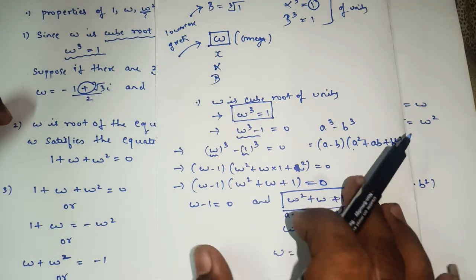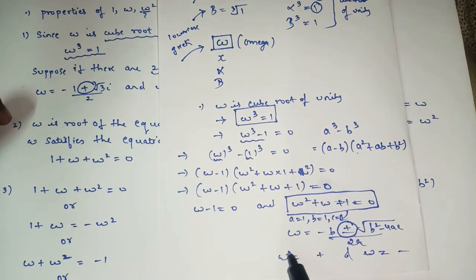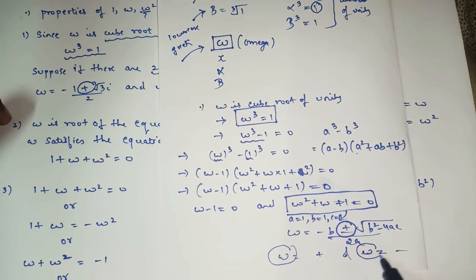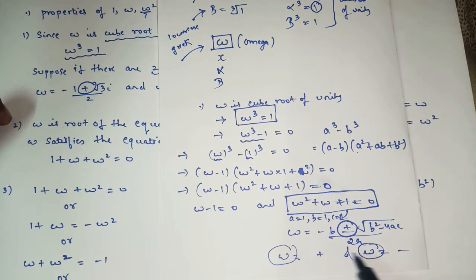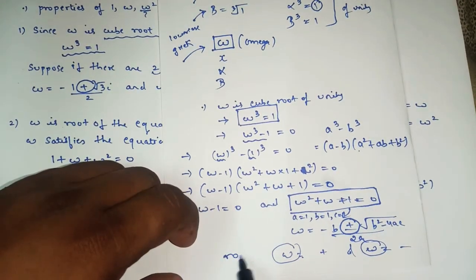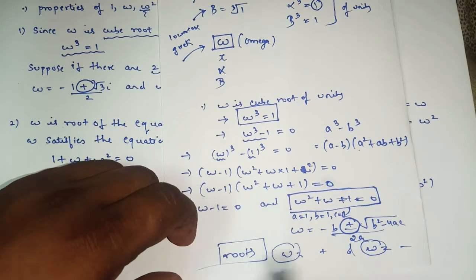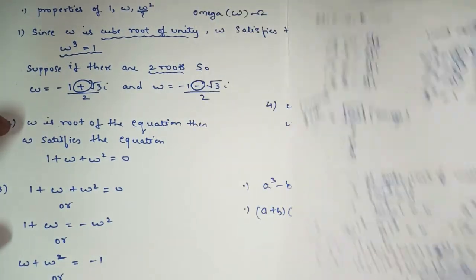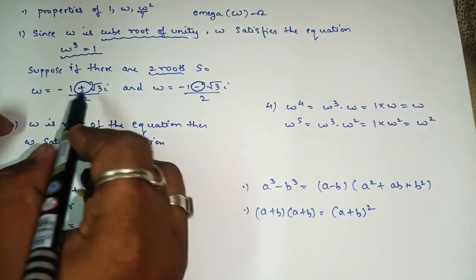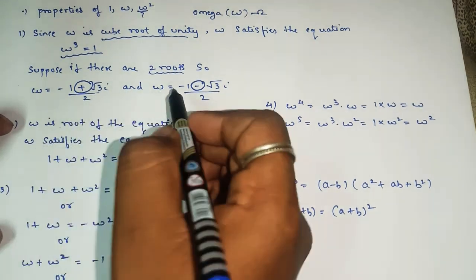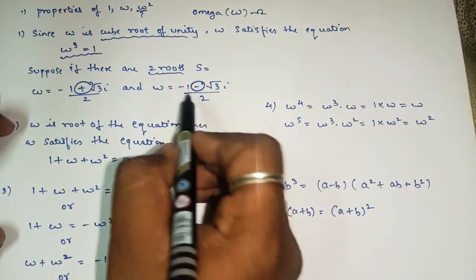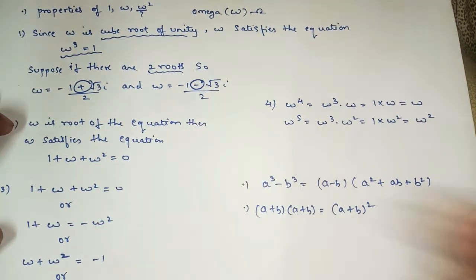When you apply the formula method you will get two roots, this is the first root and this is the second root. The final answer of a quadratic equation is known as the roots of the quadratic equation. So the two answers are minus 1 plus root 3i upon 2, and minus 1 minus root 3i upon 2.